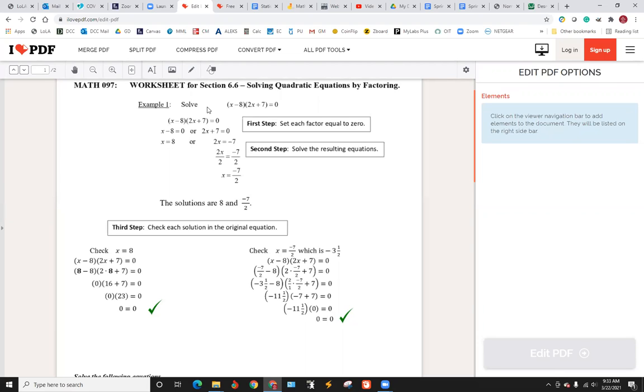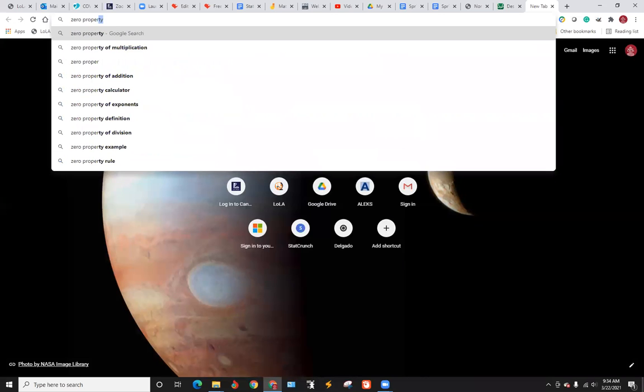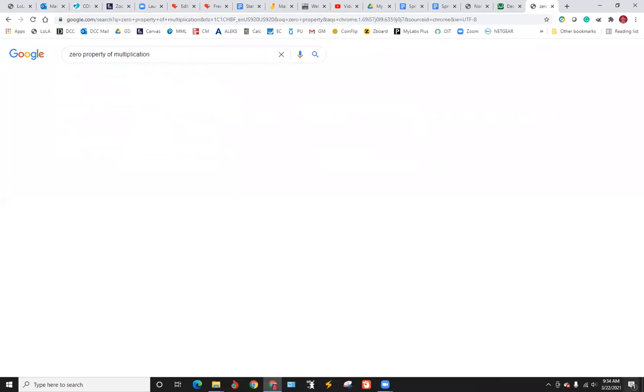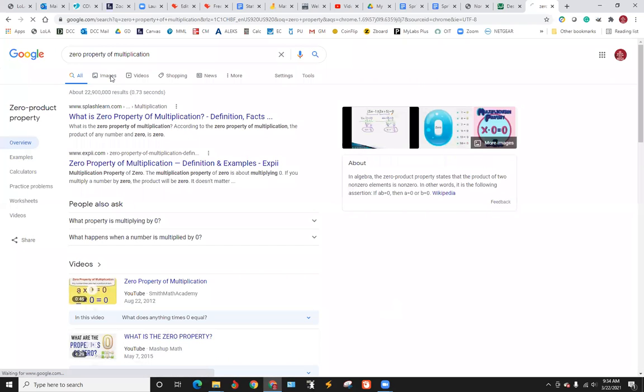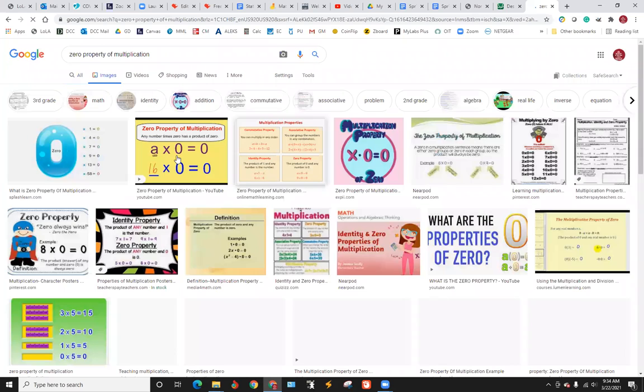Notice that that's two binomials multiplying one another. There's a property, let's see. Yeah, here it is. It's called the zero property.